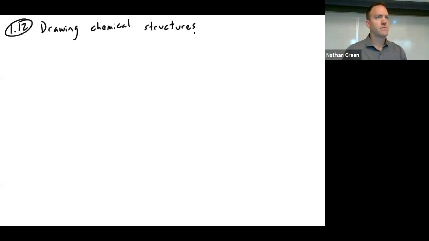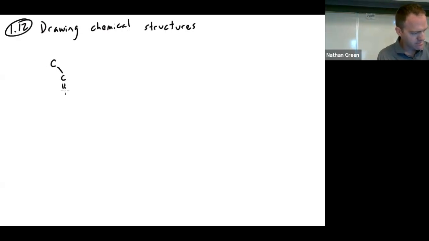Okay, I want everybody to put their pencils down and time me. I'm going to draw a molecule for you. It's going to be 6 carbons in a chain. We're going to put an OH on the outside of it.